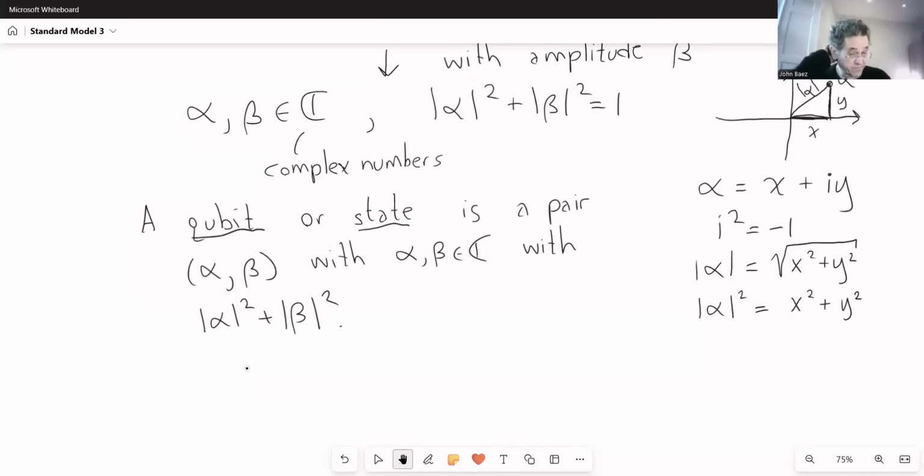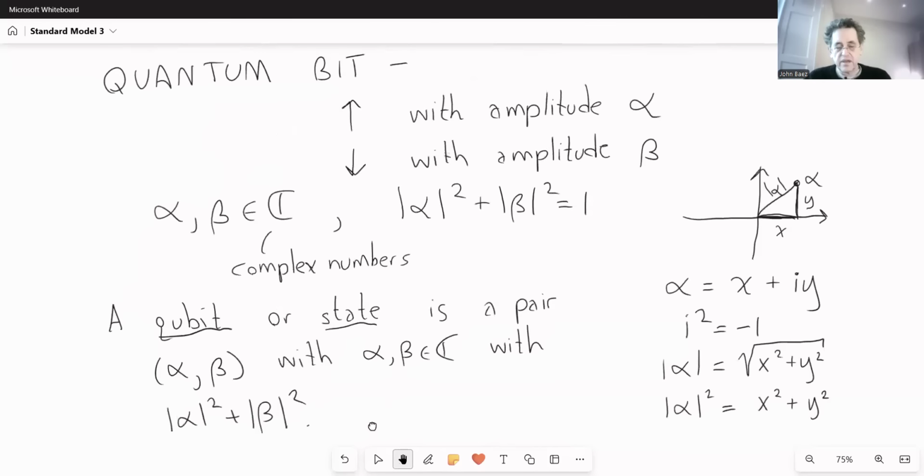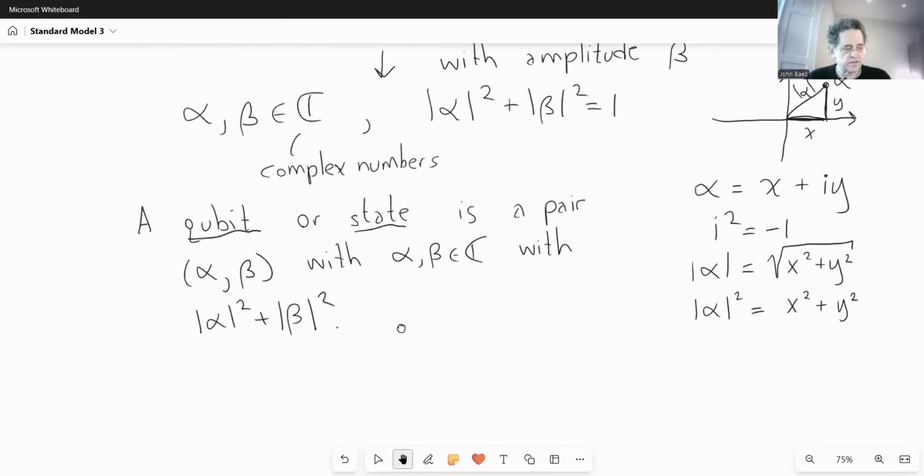Okay, that's one question answered, but there are lots of other questions. I started using this word amplitude, and I didn't say what that meant. Well, amplitudes are complex numbers, but they're complex numbers where you do something in particular with them.